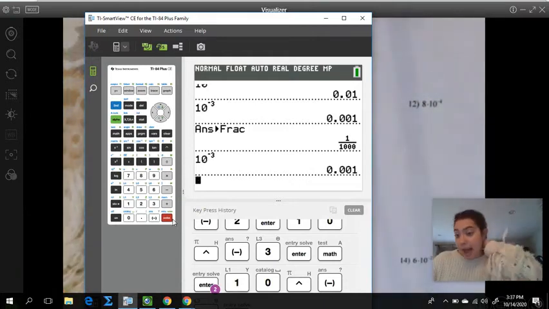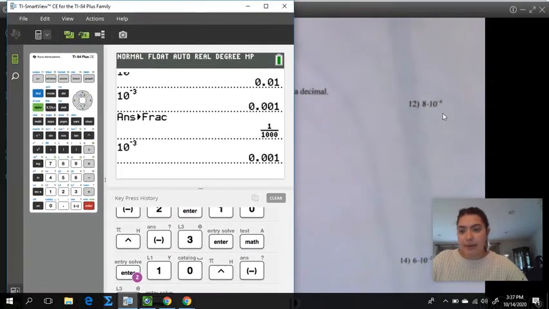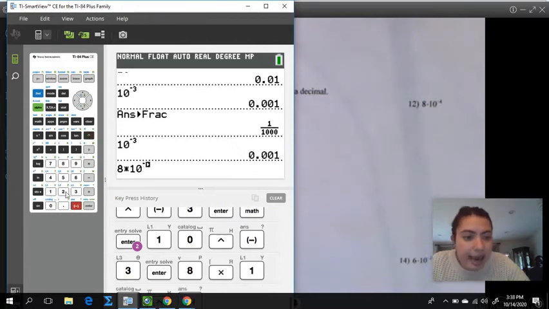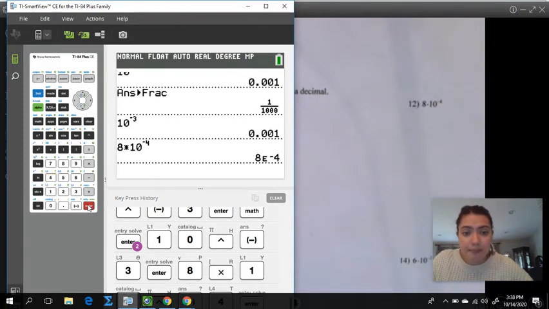Now, question 12 asks us to find 8 times 10 raised to the negative fourth power. Remember, we only want to raise the 10 to the negative fourth power, we don't want to raise the 8 to the negative fourth power. That's why we're using that multiplication sign.